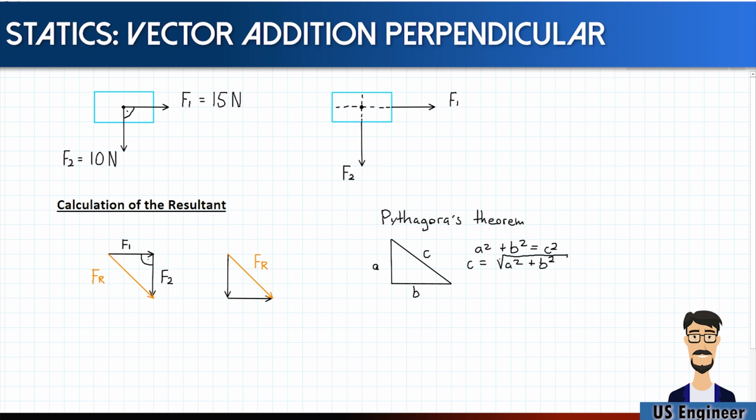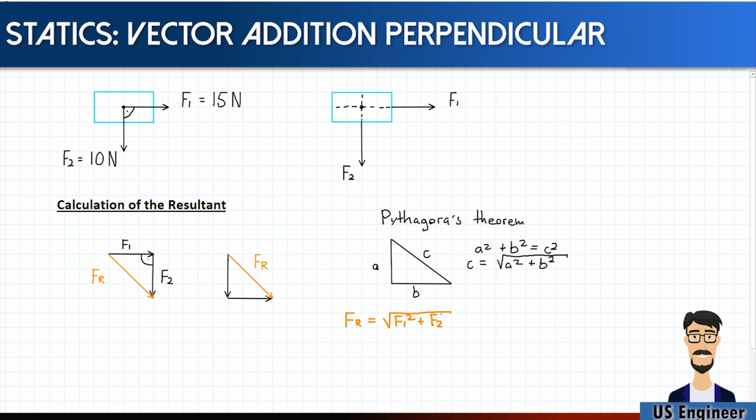So we're going to change the statement into one that includes our forces, and that statement is FR equals the square root of F1 squared plus F2 squared. These are our legs, A and B, which represent the forces F1 and F2.